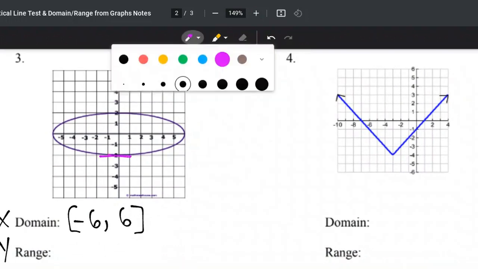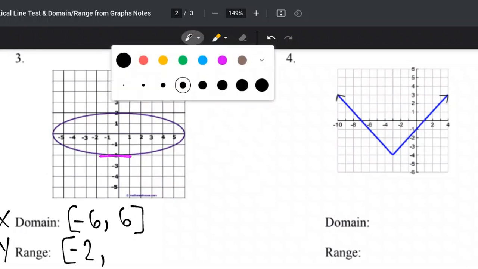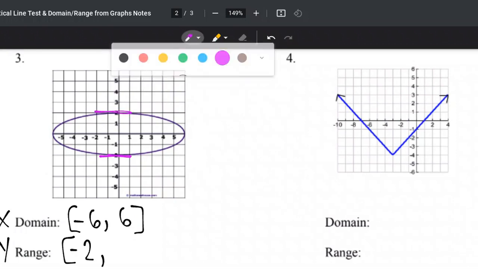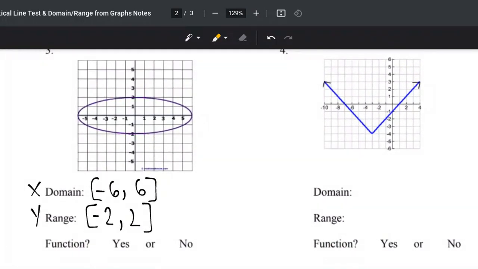It goes from negative 2, so bracket negative 2. How far up does the graph go? To positive 2. Bracket, positive 2. Is this a function? Well, if we draw a vertical line through this, the vertical line will intersect the graph twice, so it is not a function.